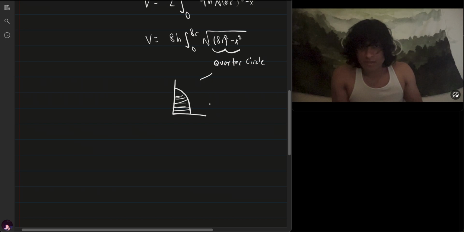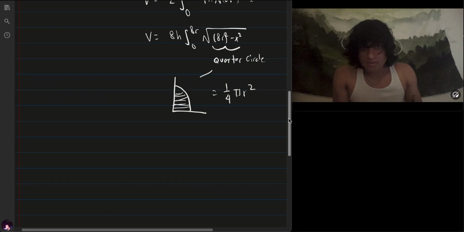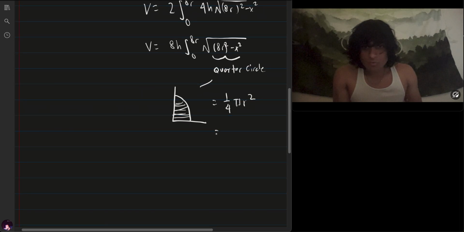So how do you find the area of this? Well, how do you find a fourth of a circle? That formula is going to be 1/4 pi r squared. We know our radius, it's 8r. So we can just put in 1/4 pi (8r) squared.